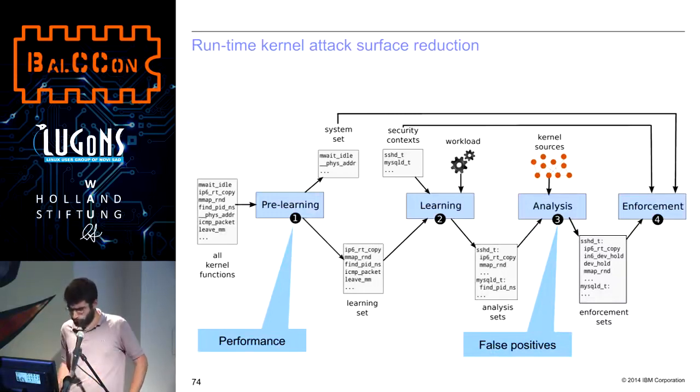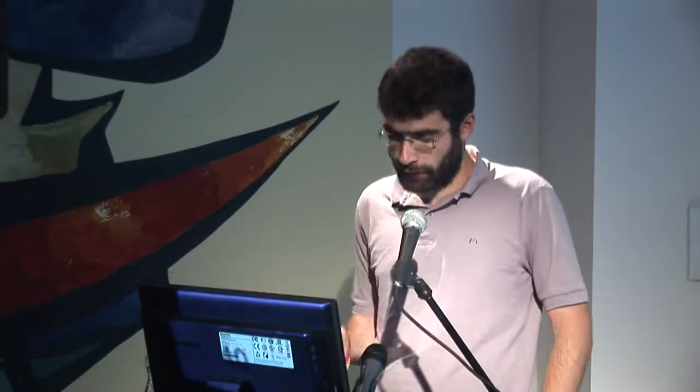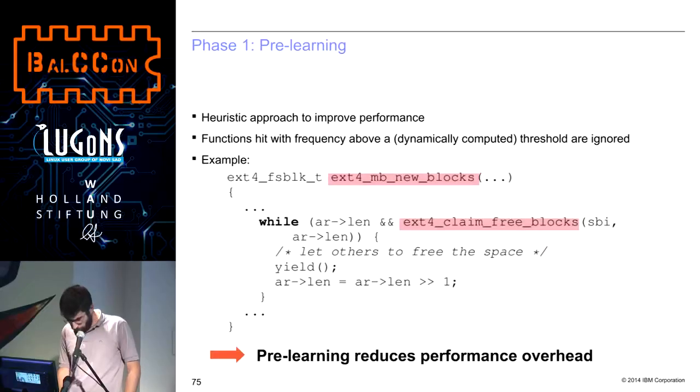All right, so for the first phase, the pre-learning phase, as I said previously, we'll be looking at functions that will be hit above a given frequency that is dynamically computed, and we will ignore those functions later on. To give an example here, we have the ext4 file system, and it has code to allocate new blocks.